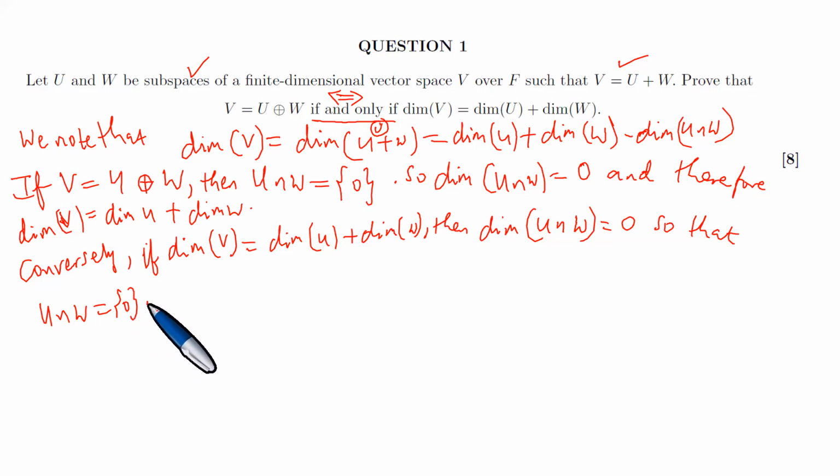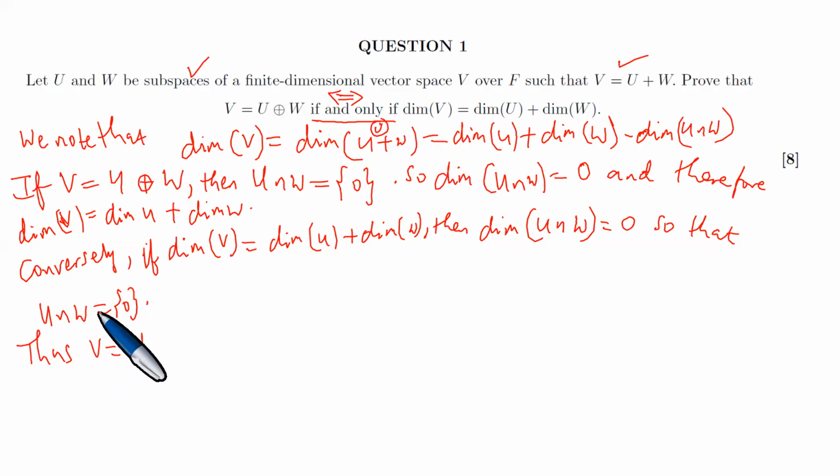Thus, if the intersection consists of 0, it means that V is the direct sum.